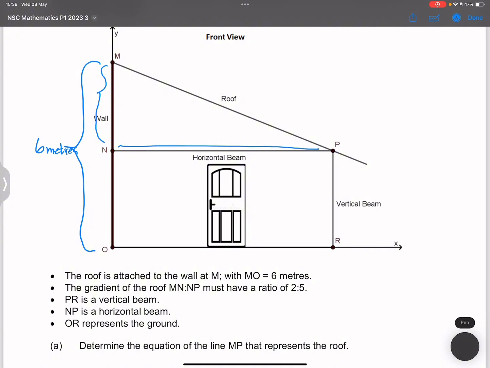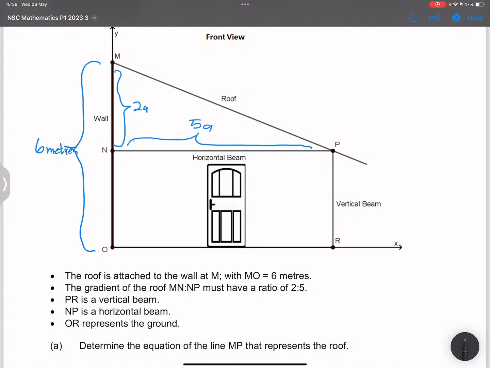So if that was, in fact, let's find another variable, I'm just going to say this is 2a over 5a. So that's the ratio there.